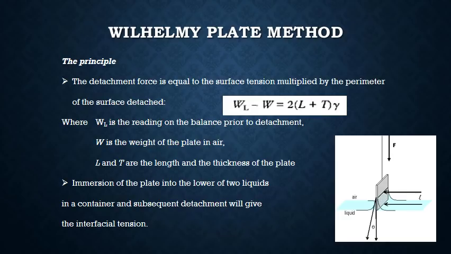So mathematically, to calculate the surface tension, the detachment force is equal to the surface tension multiplied by the perimeter of the surface of detachment. It is just similar to the ring. In the ring method the detachment force is multiplied by the perimeter of the ring, and this time it is multiplied by the perimeter of the surface detached.